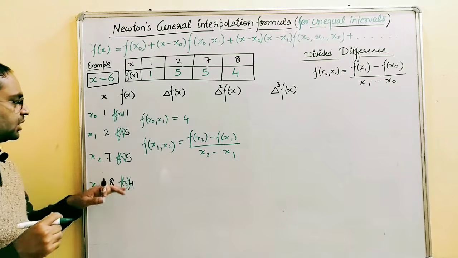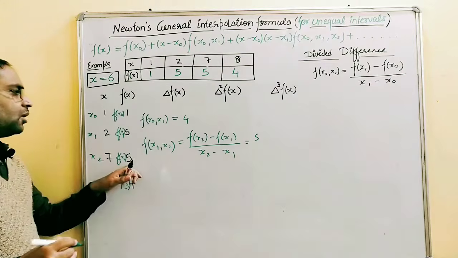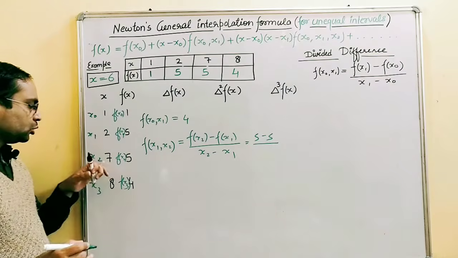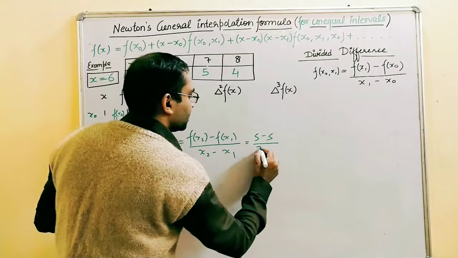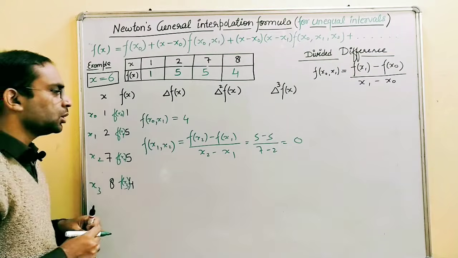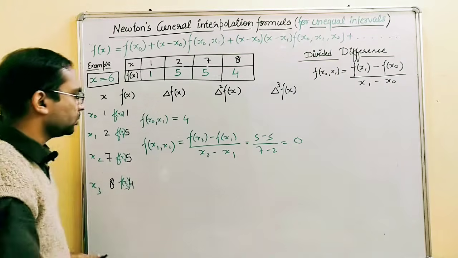F of x2 is 5, and f of x1 is also 5, so 5 minus 5. What is x2? This is 7. And x1 is 2. So this will be 7 minus 2. 5 minus 5 is 0, so this is coming 0. Let me write 0 here.